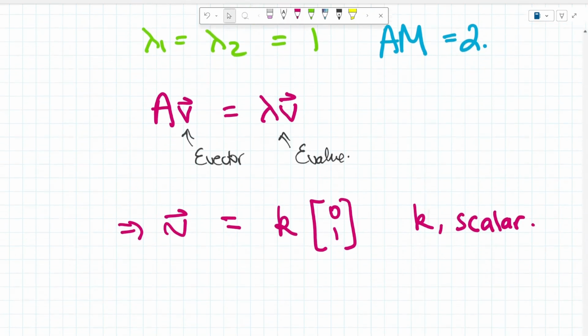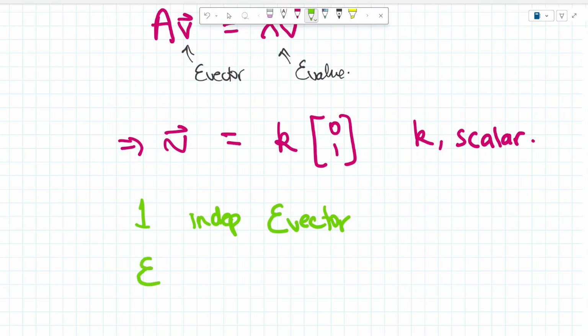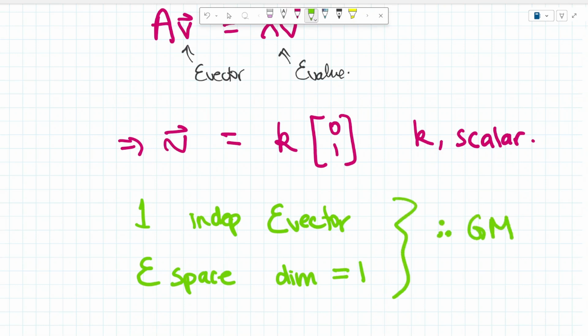So this tells us that we have one independent eigenvector associated with our eigenvalue. That means that the eigenspace has a dimension equal to 1. So both of these things tell us that the geometric multiplicity equals 1.